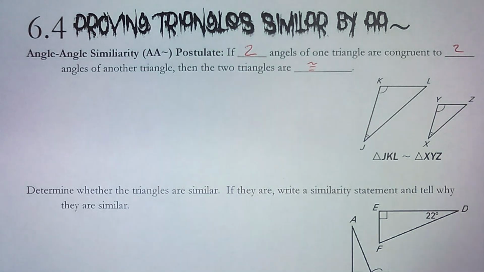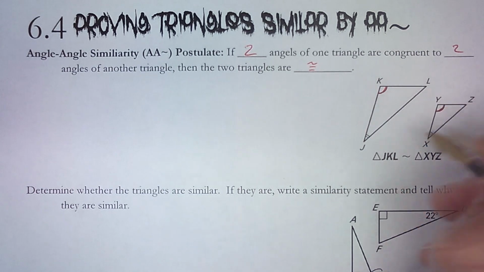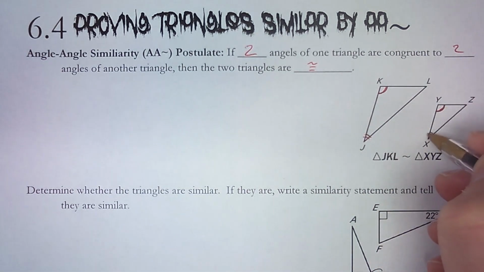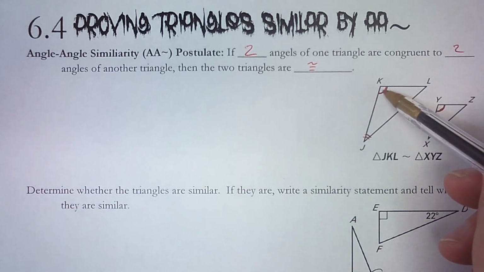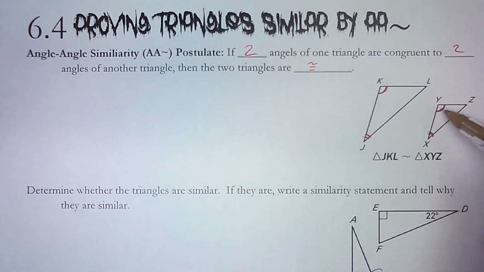Okay, so here I have angle K is congruent to angle Y, and angle J is congruent to angle X. Now you may remember way back in Unit 4, there was something called the third angles theorem that said that if two angles of one triangle are congruent to two angles of another triangle, then these third angles are also congruent.